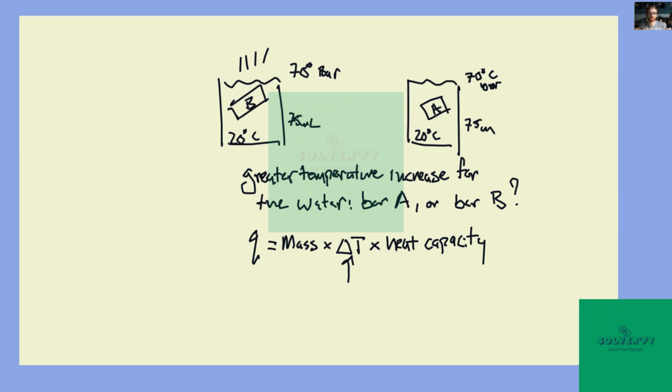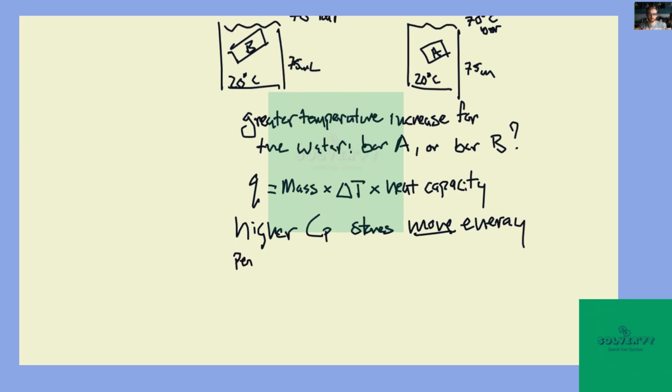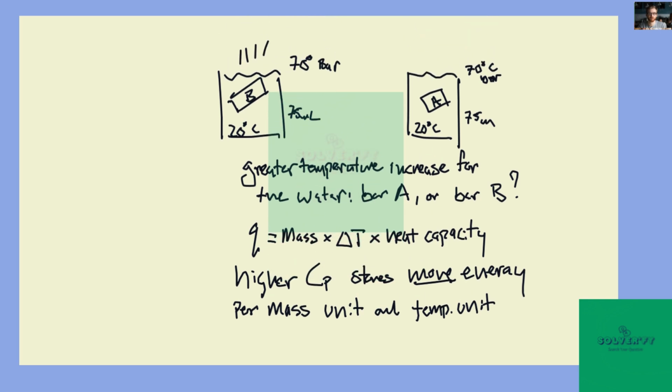So something with a higher heat capacity, which is labeled CP, stores more energy per mass unit, like per gram, and temperature unit, such as degrees C.